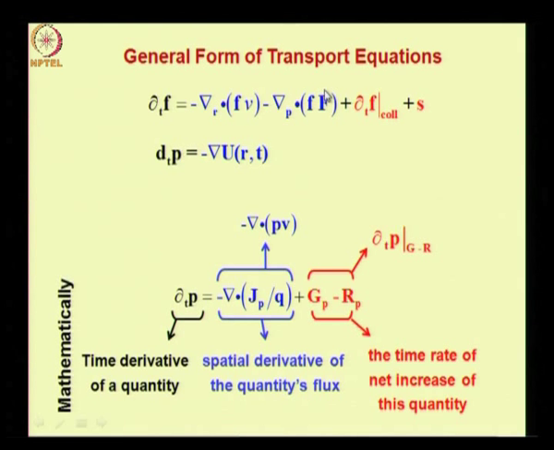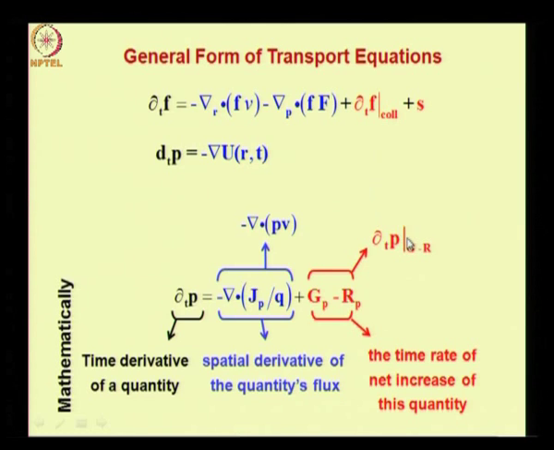It is the flux if you replace the distance axis by the momentum axis. Velocity is dx by dt; the velocity in the momentum axis is dp by dt, that is force. That is how you get this term, and then you have a source term, dou f by dou t due to collisions, so this is momentum generation or loss because of collisions.